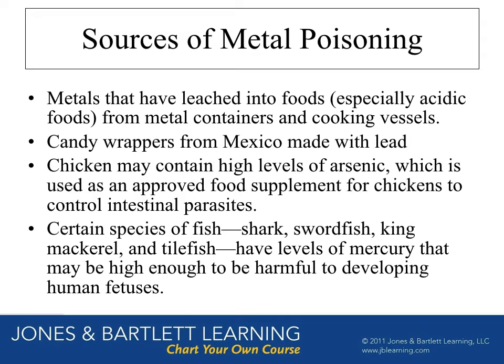Certain species of fish can have levels of mercury that may be high enough and bioaccumulative enough that they will produce adverse reproductive or developmental effects in humans. Metals, we mentioned this earlier, leach into foods from metal containers and other cooking vessels. Glazes that are used on things that are cooked with, or containers that have acidic components, can actually leach metals out into the foods.